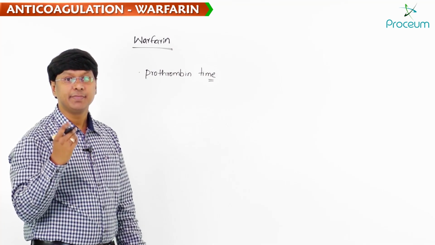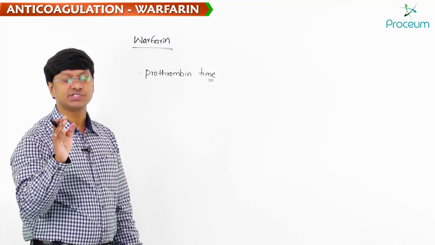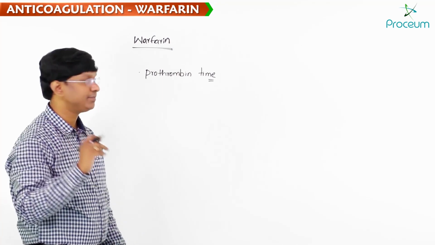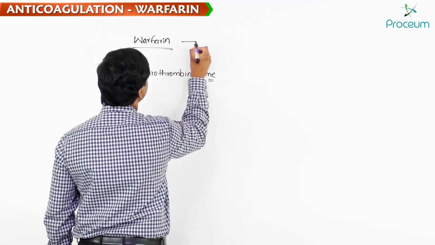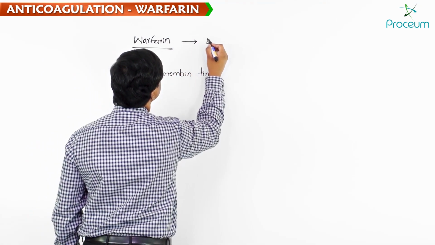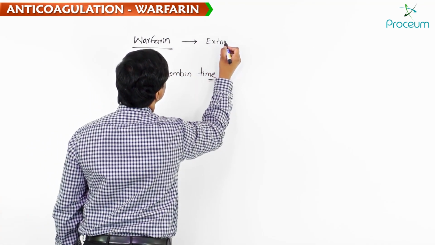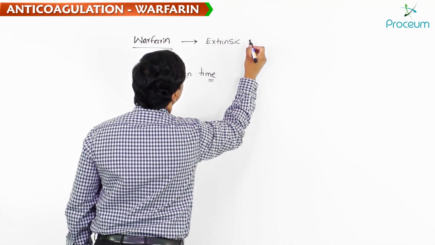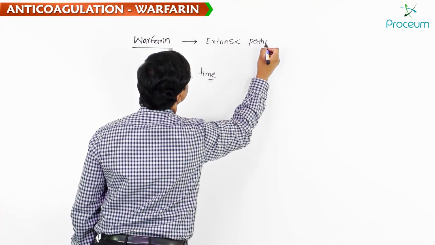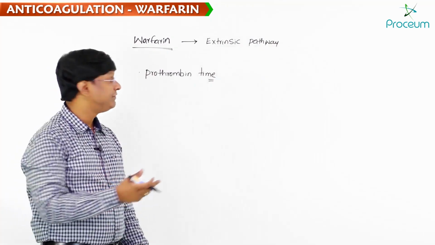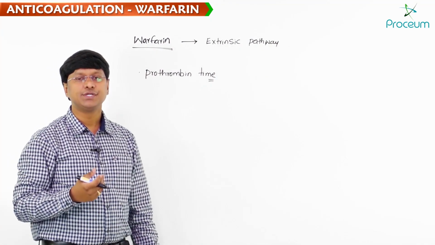Because it mainly affects the extrinsic pathway. This point is a very important multiple choice question. Warfarin mainly affects the extrinsic pathway. Because it mainly affects the extrinsic pathway, we have to look for the prothrombin time to adjust the dose of Warfarin.